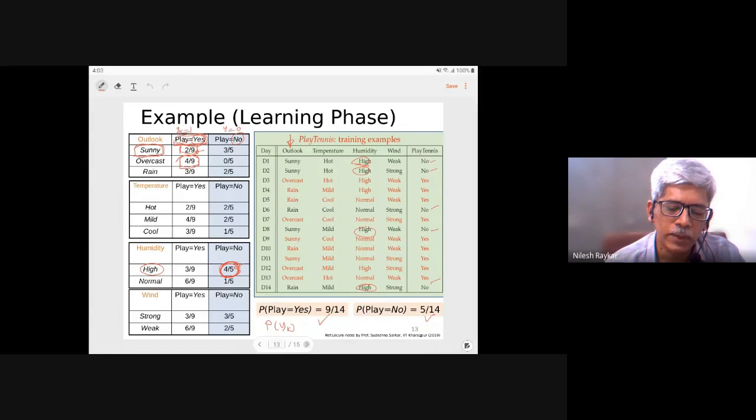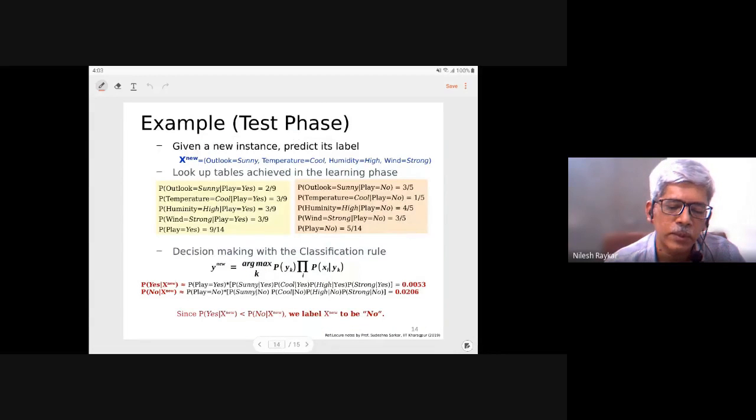Those calculations are shown on the next table. We are looking for sunny, cool, high humidity and strong wind. Remember that we have to calculate 2 probabilities, one for playing tennis and one for not playing tennis. On the left hand side you have parameters for playing tennis, so these are playing equal to yes, and on the right hand side you will require all the parameters for not playing.